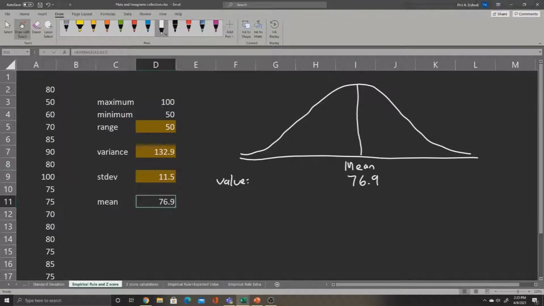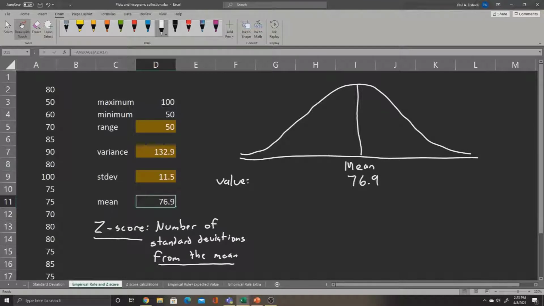At this point, you may encounter another concept called z-score. For any value in our list, the z-score is how many standard deviations away from the mean that value is. So we could say that our mean automatically has a z-score of 0.